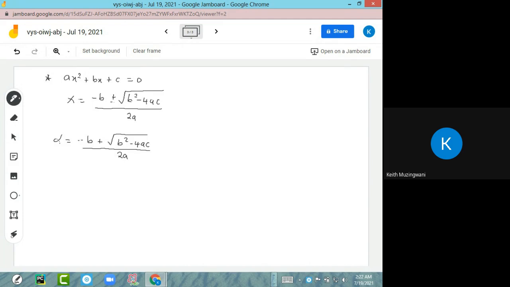Suppose we name the option that has a plus as alpha and the option that has a minus as beta, negative b minus the root of b squared minus 4ac over 2a. We've named them. We want to try to understand how these relate.